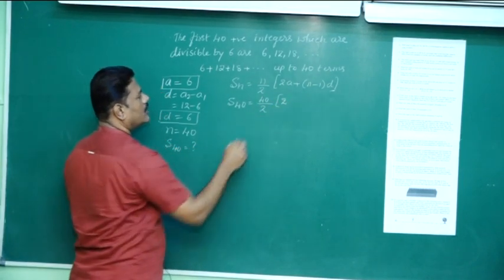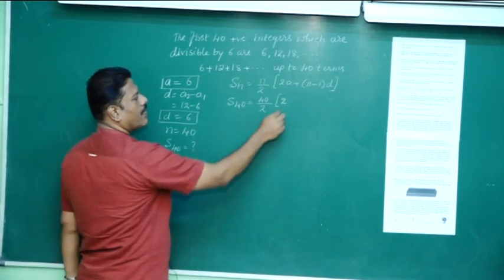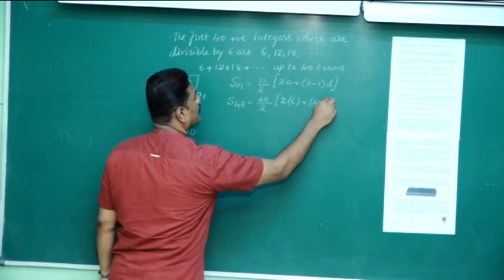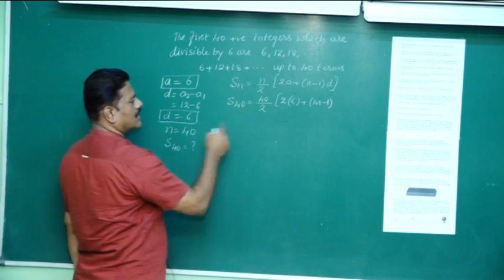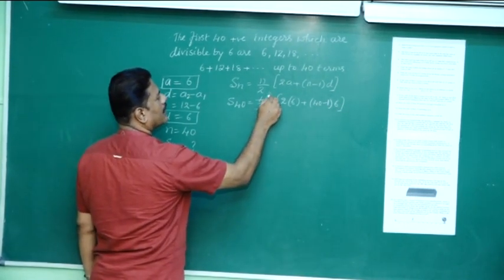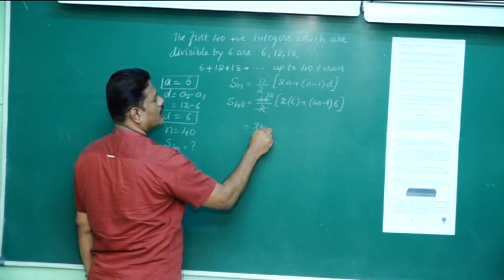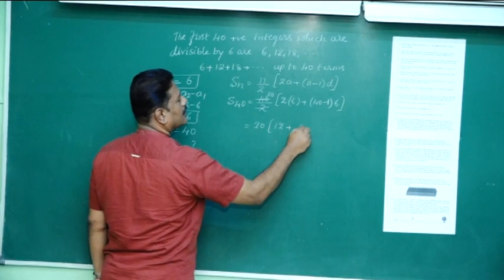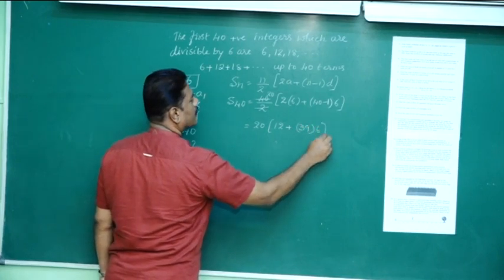Then 2 into A is 6 plus 40 minus 1. What is D here? 6. So write 6. From 2 it goes 20 times. So what is remaining now? 20. 2 6s are 12. What is 40 minus 1? 39 into 6.